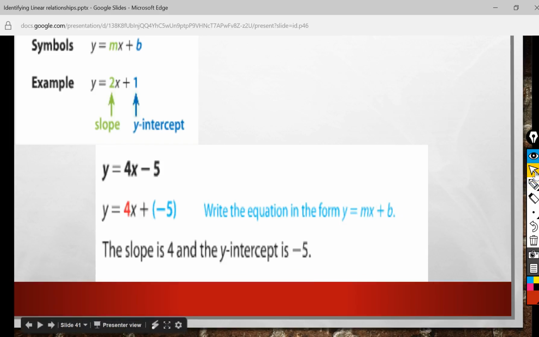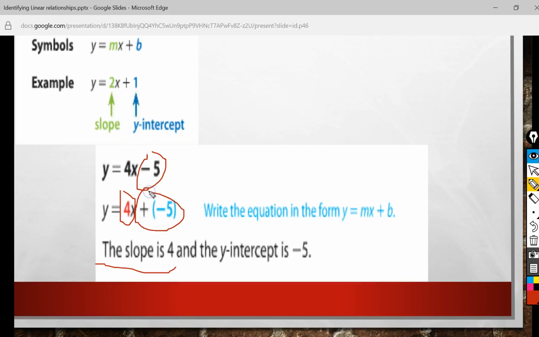So simple enough. Here's another one, pretty simple. 4 is the number in front of the x, so that's our slope. And then we have a minus 5 happening behind the x. That's the same thing as adding plus negative 5, so it looks more like the original equation up here.